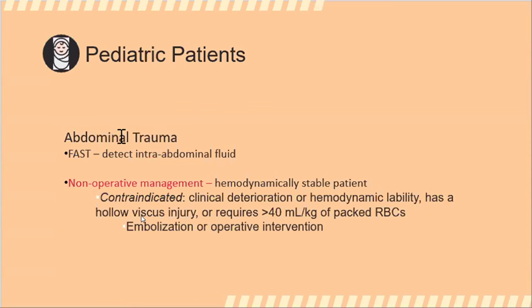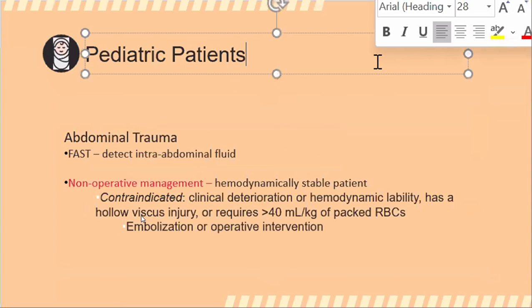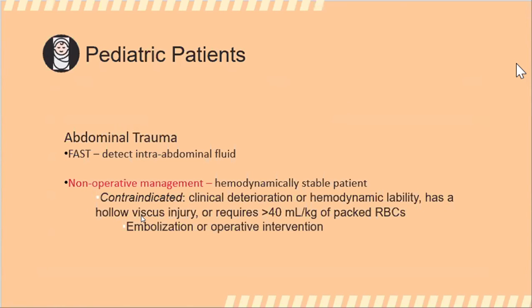For abdominal trauma, same. We do FAST to detect intra-abdominal fluid. And if the patient is stable, non-operative management tayo. So usually pag grade 1, 2 injury, soft abdomen, stable patient, normal vital signs, serial monitoring, observe lang. But it is contraindicated if the patient is deteriorating and unstable, okay?